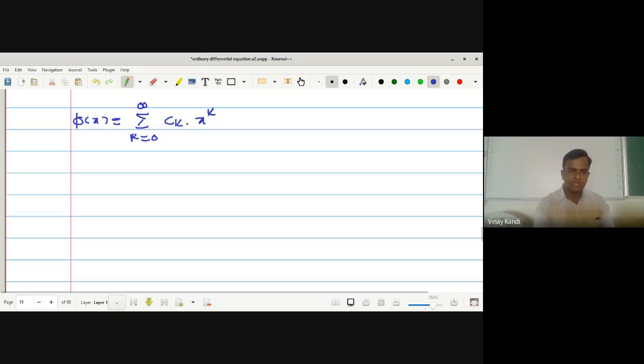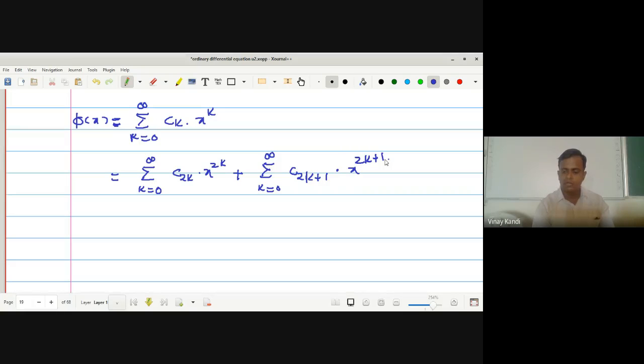So this summation we can write in two forms by expanding the sums: summation k running from 0 to infinity of c2k into x raised to 2k, these are all even terms, plus summation k running from 0 to infinity of c2k plus 1 into x raised to 2k plus 1. Any doubt up to here?